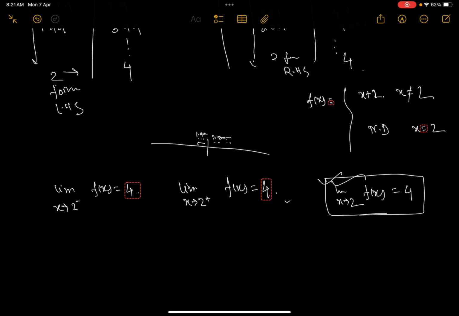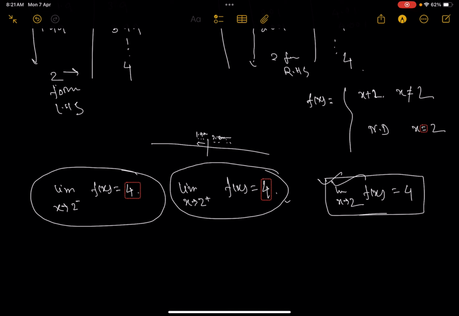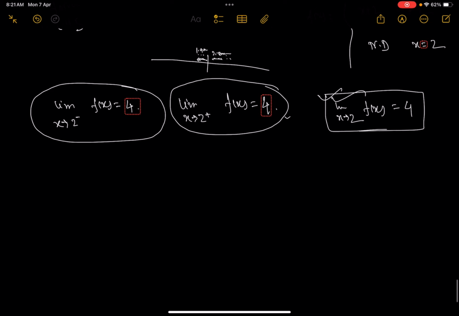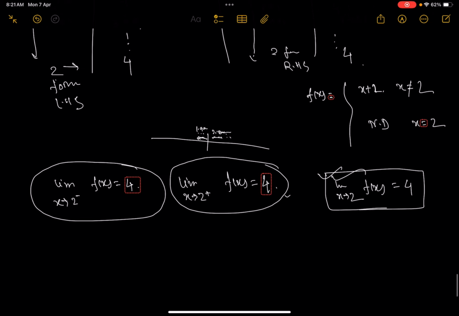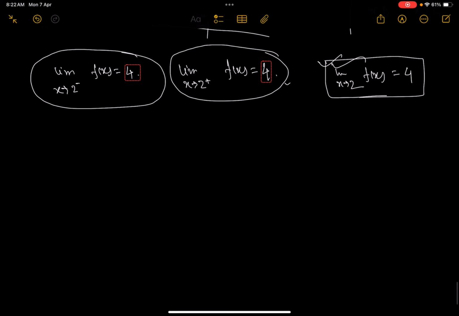At this moment, we only say that this is the left hand limit and this is the right hand limit, because these are neighborhoods, from the left hand side and the right hand side. We calculated the same numerically as we did graphically.